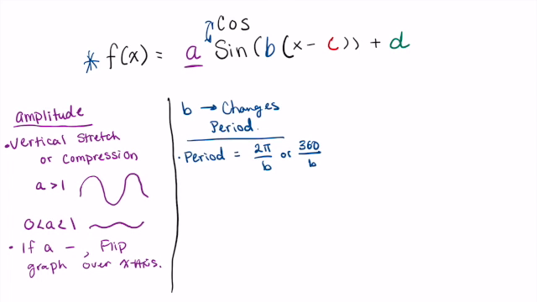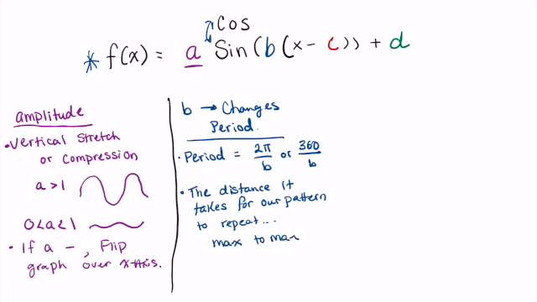Now, what does period do? Well, period is simply the distance it takes for our pattern to repeat. And what I mean by that is what's the distance from a max to a max or a minimum to a minimum. That is the period.